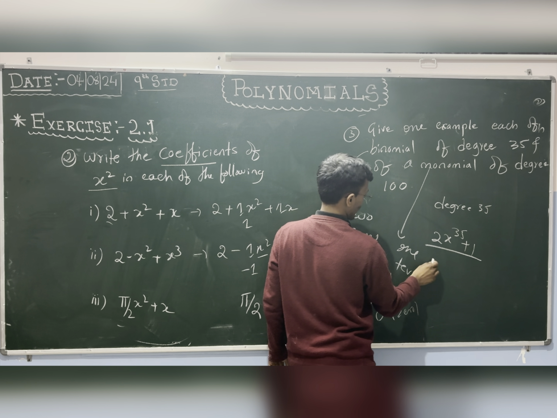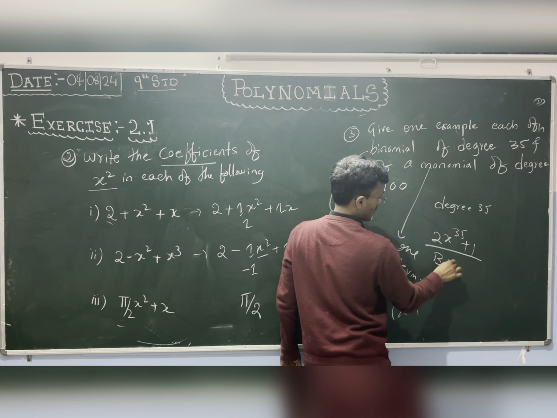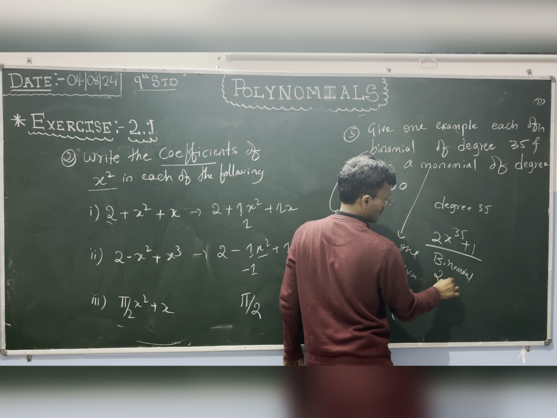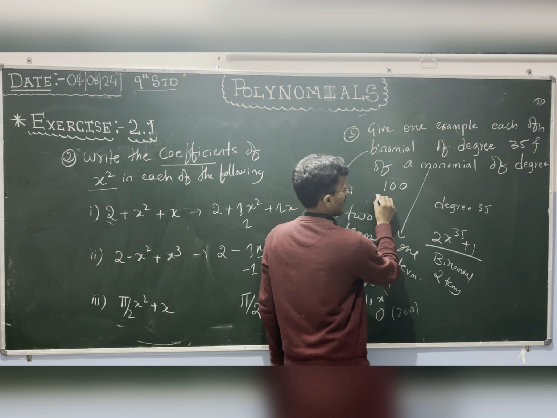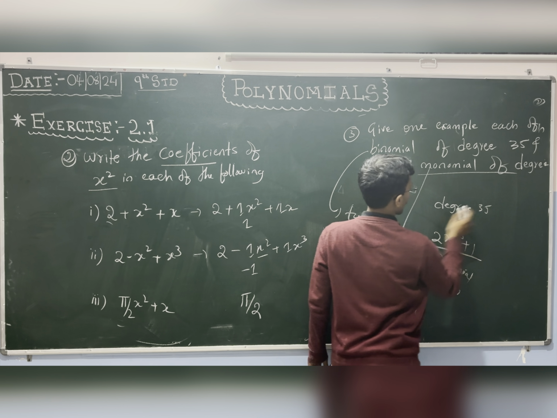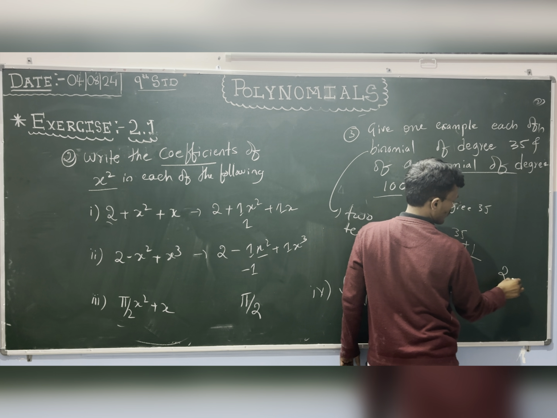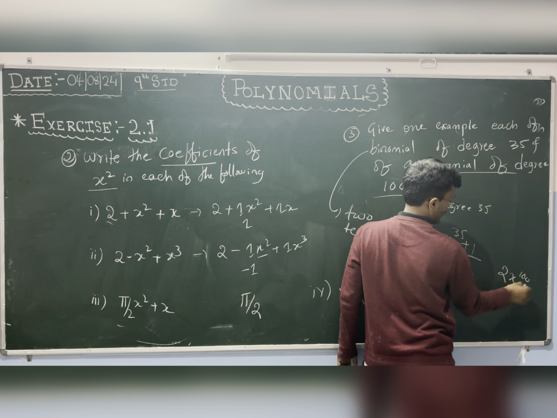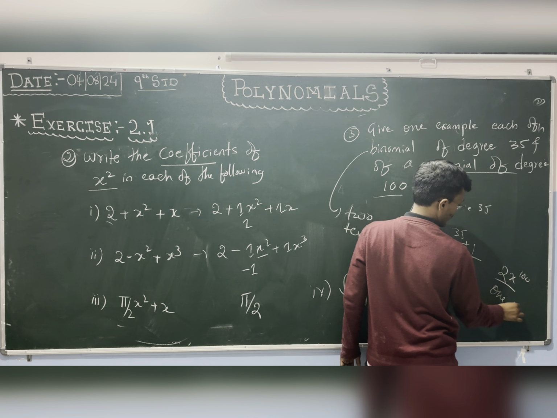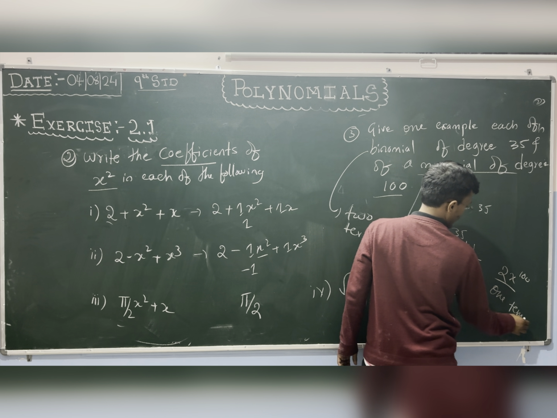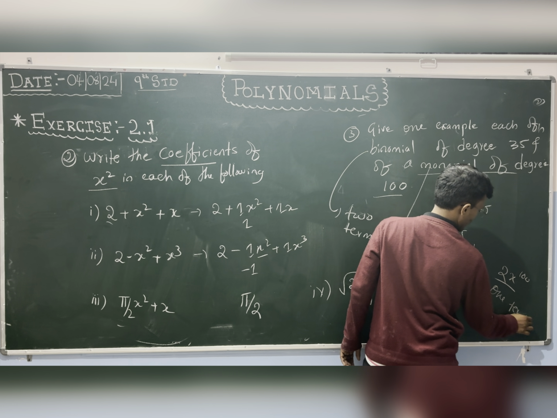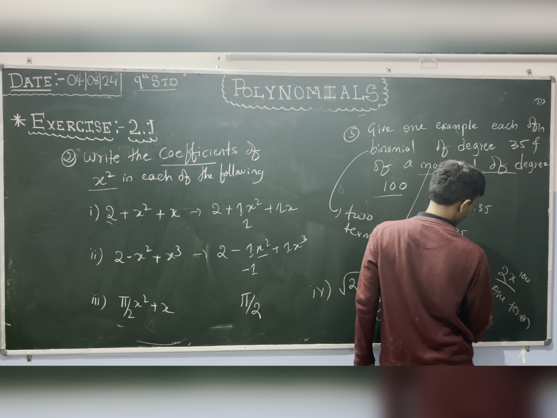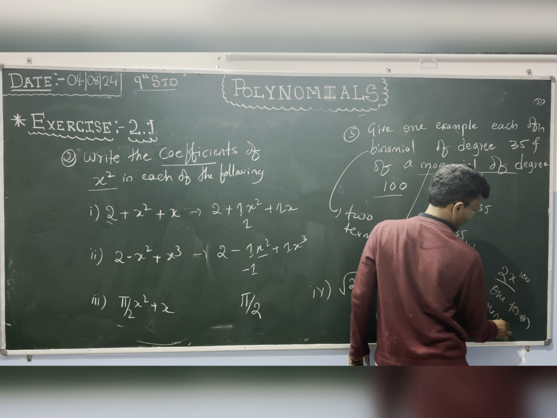This is called a binomial, it has two terms. And they ask for a monomial of degree 100: 2x to the power of 100. Only one term, so it is a monomial.